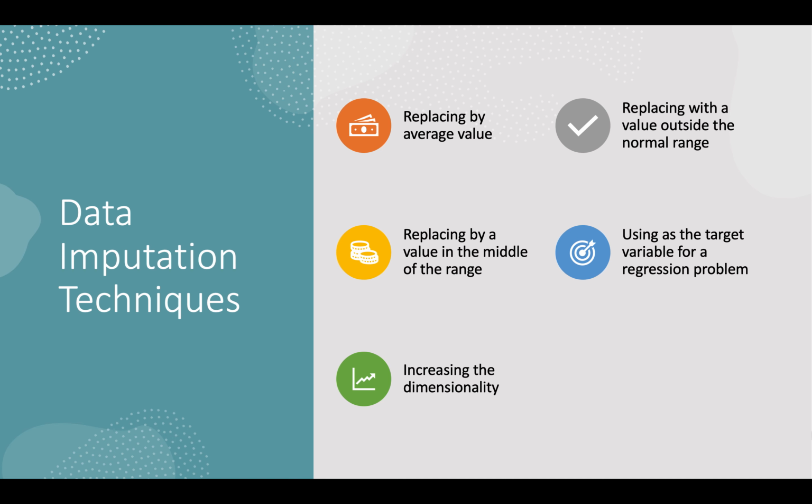And finally, if you have a significantly large data set and just a few features with missing values, you can increase the dimensionality of your feature vector by adding a binary indicator feature. For each feature with missing values, the feature value then can be replaced by 0 or any number of choice. At prediction time, if your example is not complete, you should use the same data imputation technique to fill the missing features as you used on the training dataset.